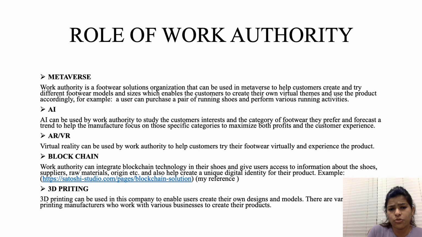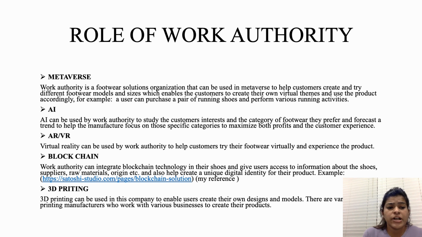Let's talk about what role the shoe industry plays in the metaverse. The shoe industry plays in the metaverse in such a way that an organization can use it to try footwear in different sizes and enable the customer to create their own virtual themes. For example, a user can purchase a pair of running shoes and perform various running activities.